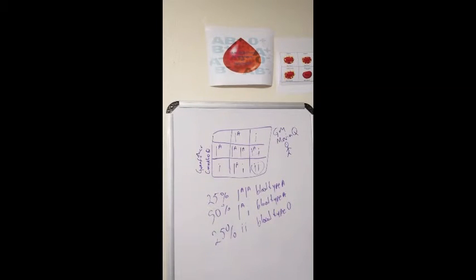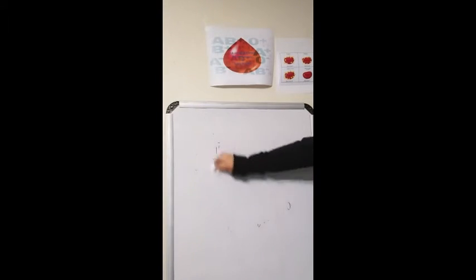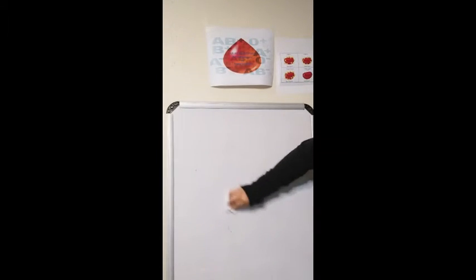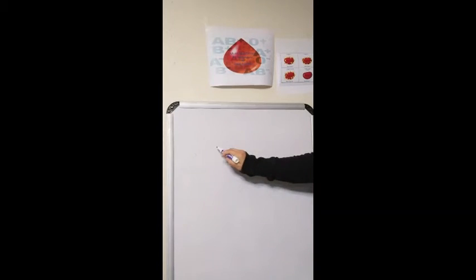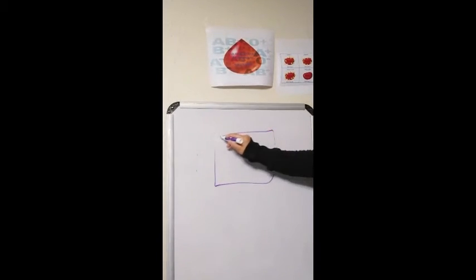Then when my mother met my father, he had blood type O. So I'm going to draw again the Punnett square.